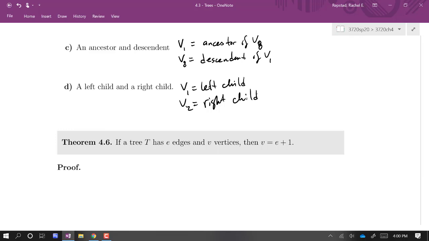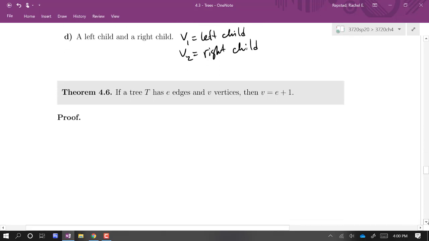Okay, let's prove another result. This one won't take too long. If T is a tree, and it has E edges and V vertices, then V is equal to E plus 1. So in a tree, the number of vertices is always one more than the number of edges, is what they're saying here. So to prove this, what we're going to do first is pick a root of the tree.